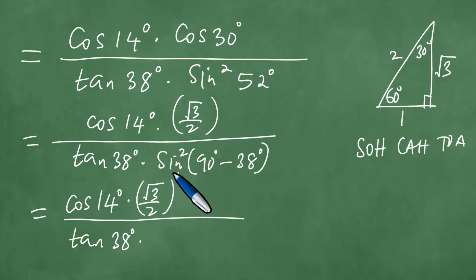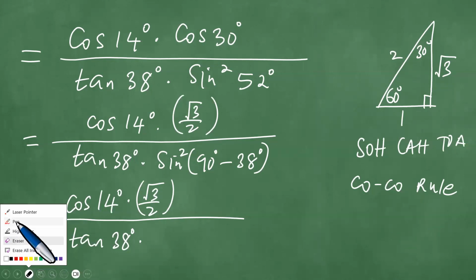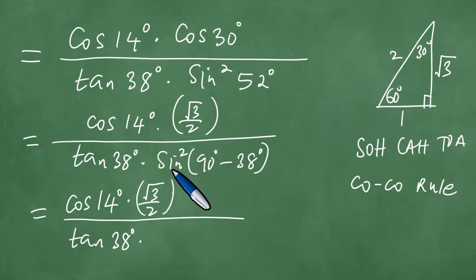So that is according to the CAST rule, and the rule is clear on this front. It says that if there's no co, you put on the co, and sine becomes cosine, so we only write cosine squared of 38 degrees, like so.